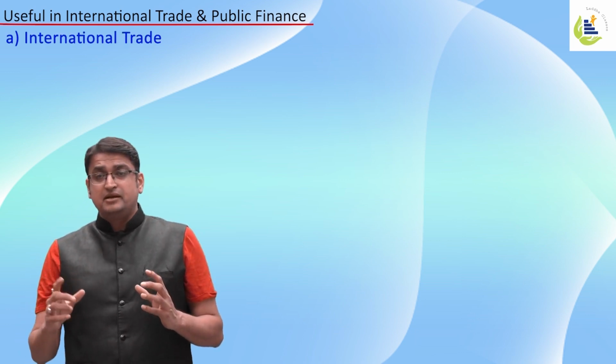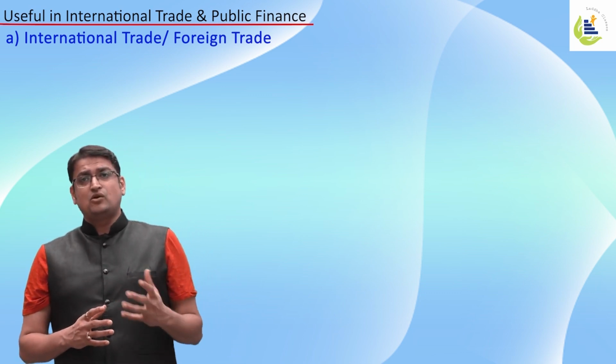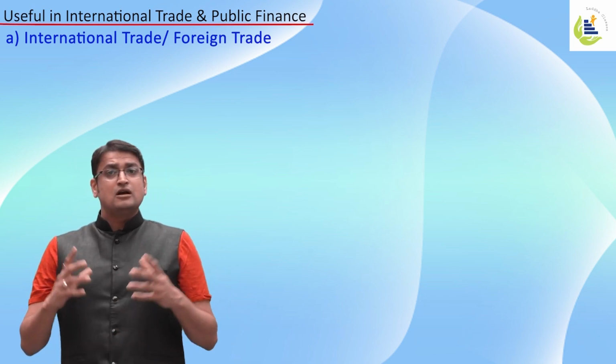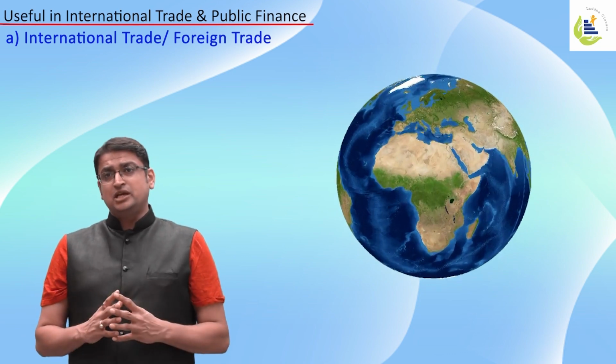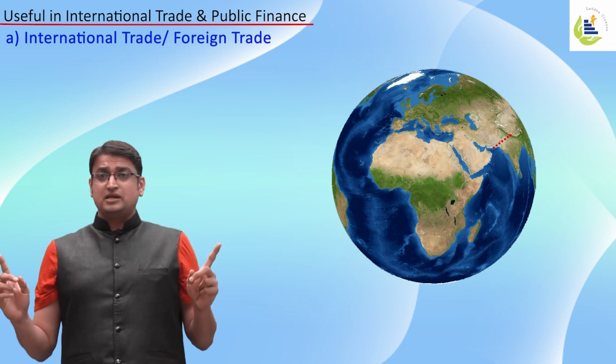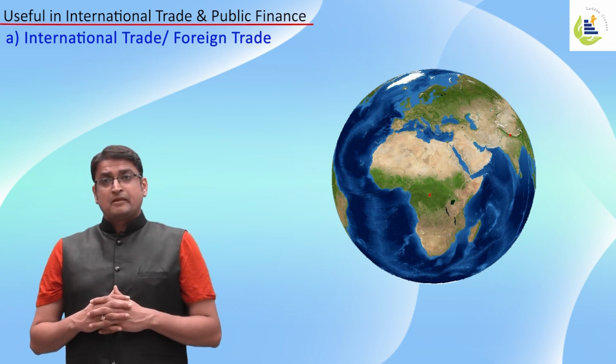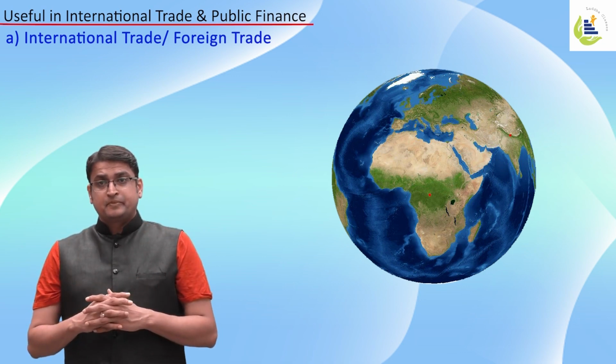Microeconomics is useful in international trade, or I would say foreign trade. Before knowing how it helps us, let us understand what international trade or foreign trade is. A trade or an exchange, or in simple words, buying and selling between two countries is called international trade or foreign trade.